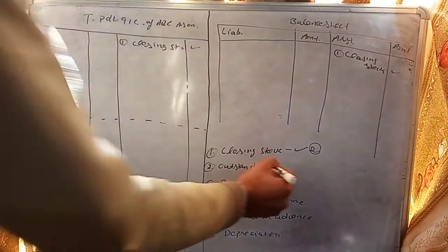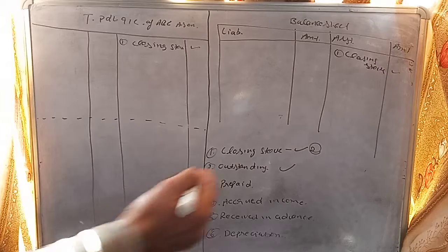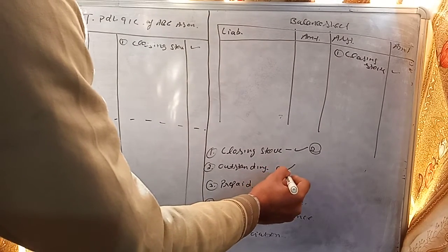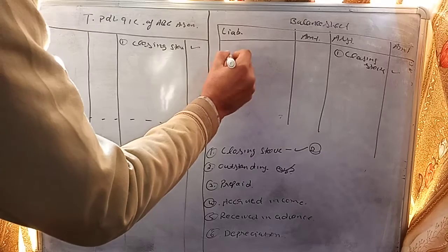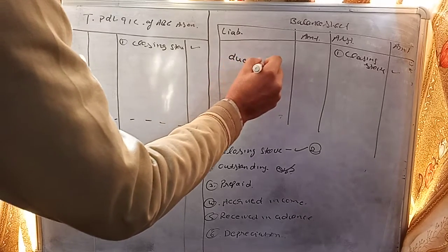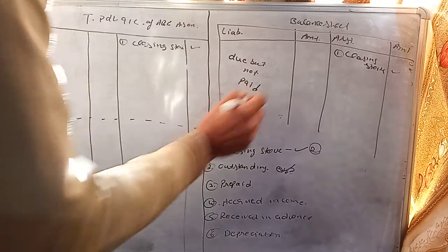Right? Now come to the second, outstanding. Outstanding expenses. What is the meaning of outstanding? Outstanding means due but not paid. The expenses are due but still we haven't paid.